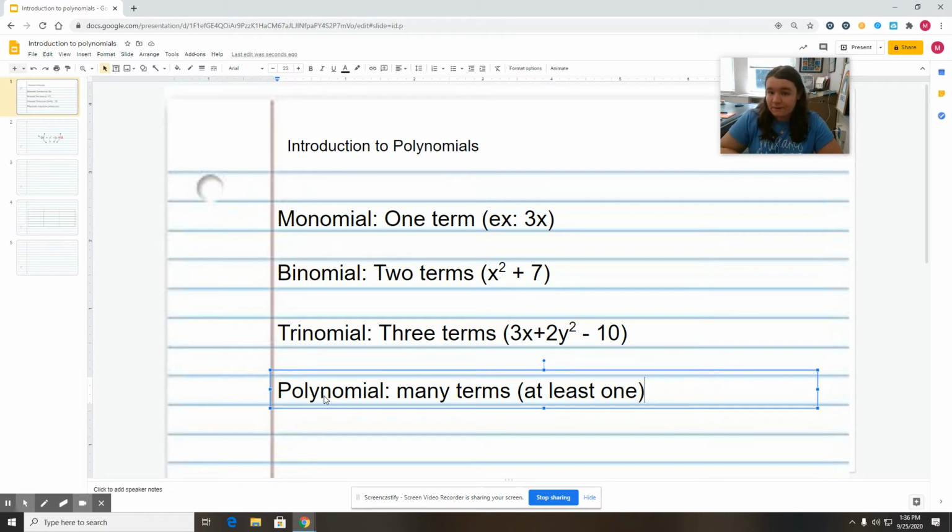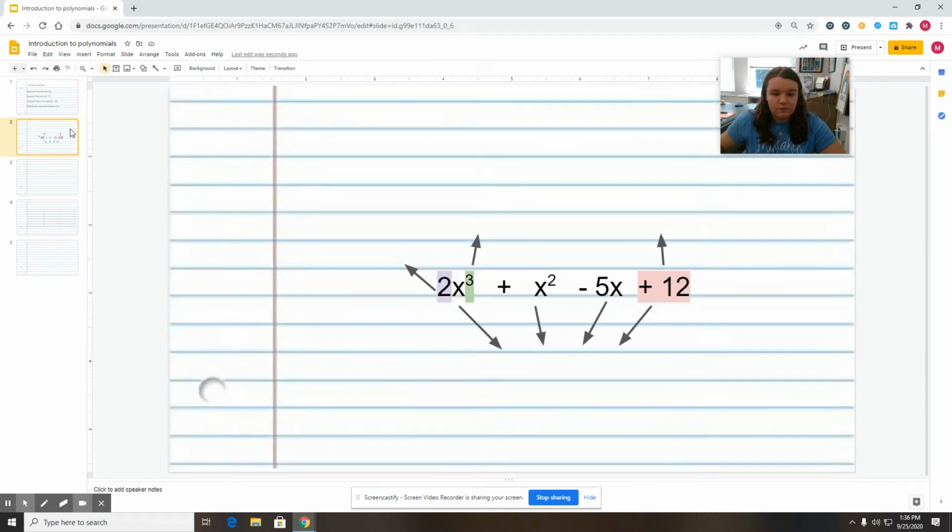But if I say polynomial, that doesn't necessarily mean it's a monomial. It can have 1 term, 2 terms, 3 terms, 7 terms. This is just the overarching word that we use for polynomials, to not specify exactly how many, just the general form. So now we're going to go through different parts of a polynomial.